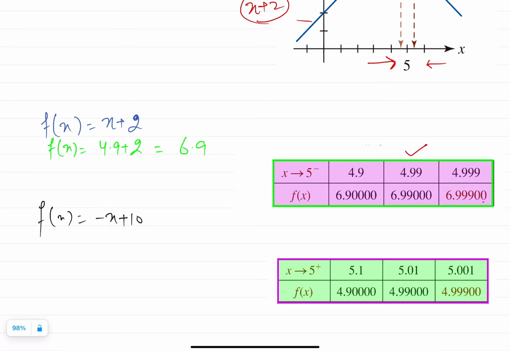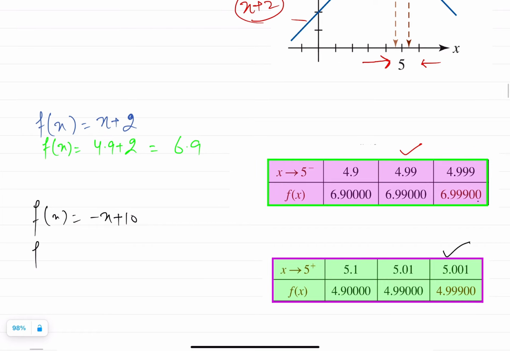For example, for 5.001, I substitute the value, that is negative 5.001 plus 10, and on computing we get 4.999. In the first table we can see that the value is getting closer and closer to the number 7.